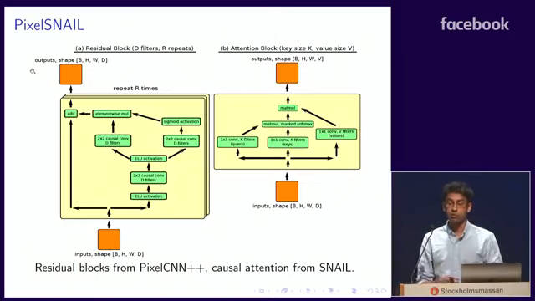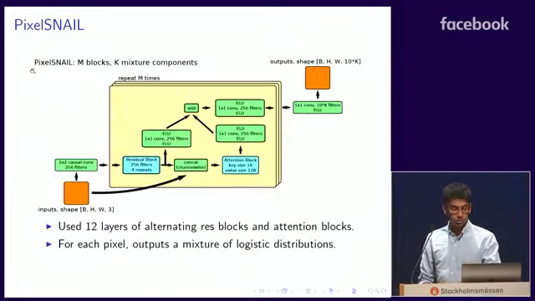You take a softmax attention for each query with all the previous keys, and then you get a weighted sum of those values. We stack these blocks, ResNet and attention, several times, and then at the output we get a distribution over the current pixel, which we parameterize as a mixture of logistic distributions.